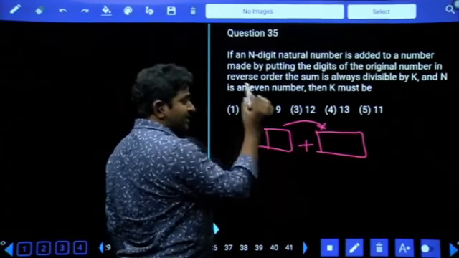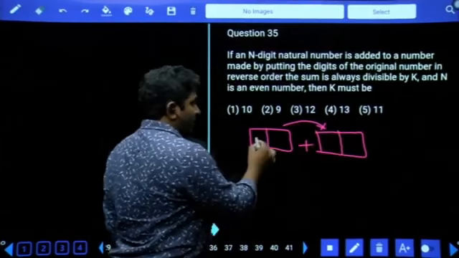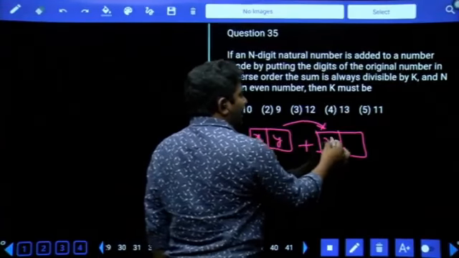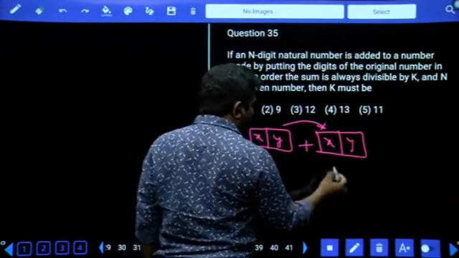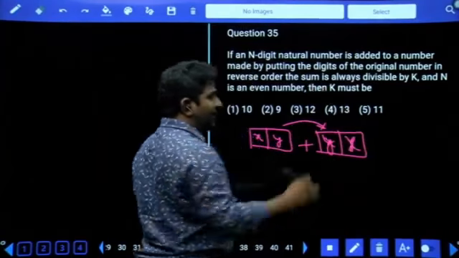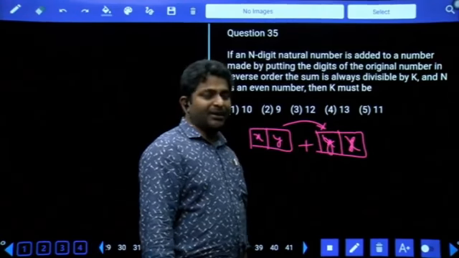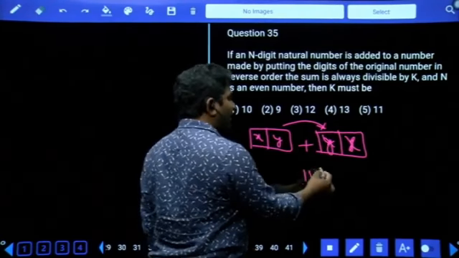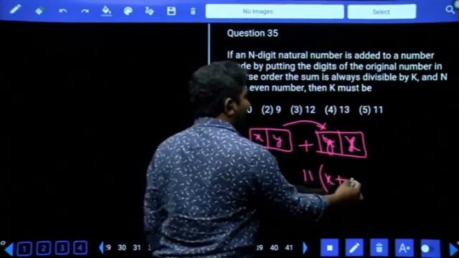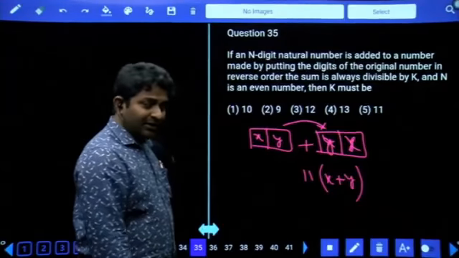So let us consider a two-digit number. The sum of the original two-digit number and the number obtained by interchanging the digits is always 11 times the sum of digits. This is a point that we already discussed.